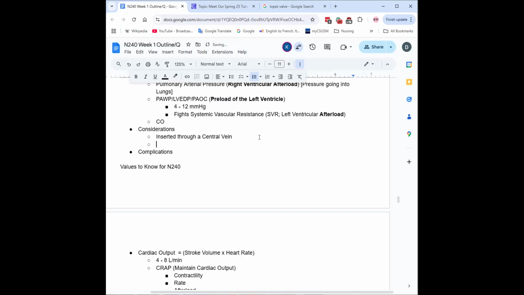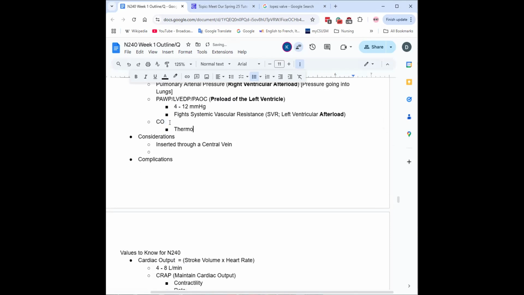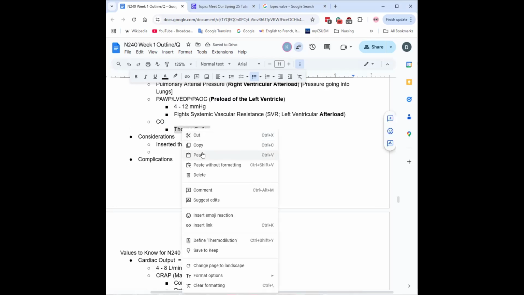Some other things that we're able to do, we're able to assess all these pressures. We're able to do a thermal dilution. So we're able to inject fluid to determine the cardiac output. So that's how we do that. I'll just copy paste this because this is from the video and it's just there for context.